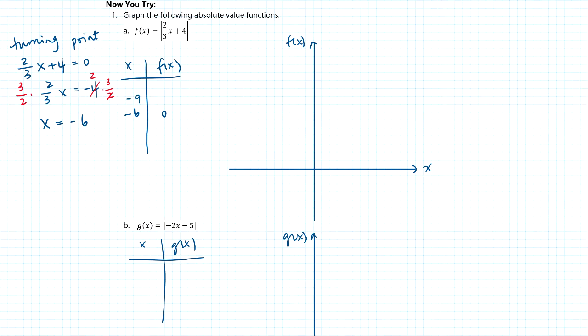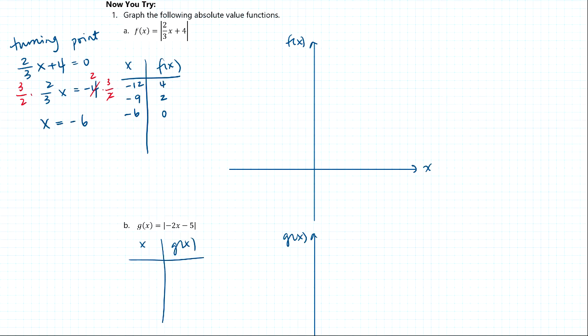If we do -9 here, I would have 2/3 times -9, which is -6, plus 4 will be -2. Absolute value of that will be +2. Then we can pick -12, so I just keep subtracting 3. 2/3 of -12 will be -8. -8 plus 4 will be -4. Absolute value of that will be 4.